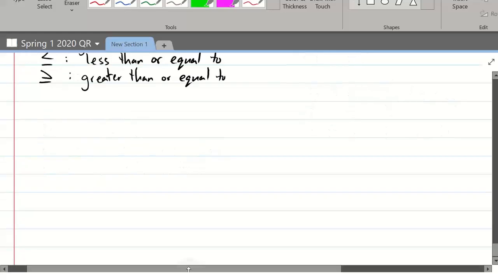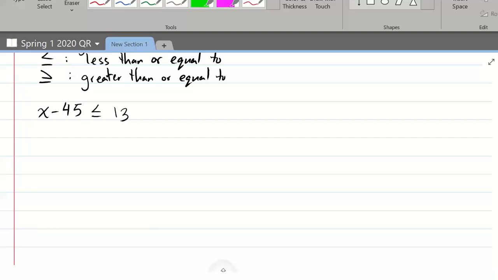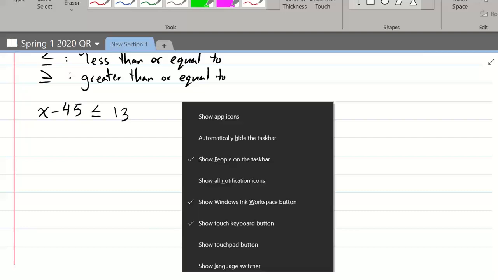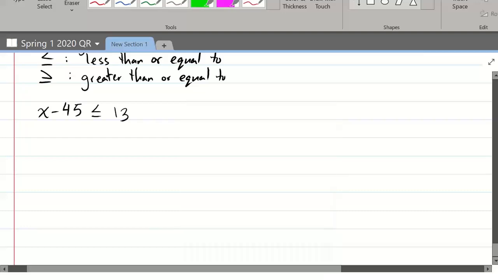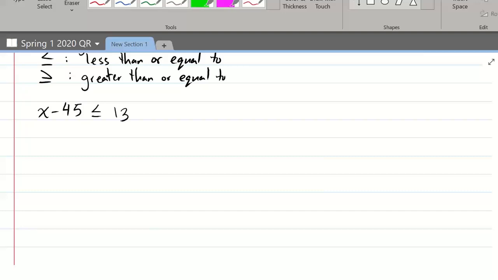All right. The first example we go over is x minus 45 is less than or equal to 13. We want to solve for x, right? Again, very similar to the equalities, right? If you want x by itself, you have to get rid of everything on that side.